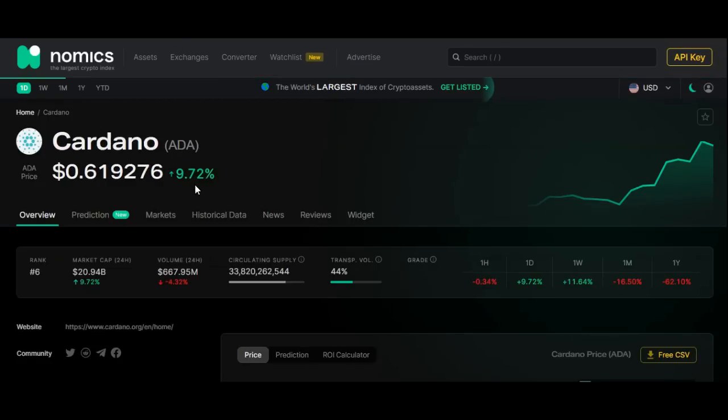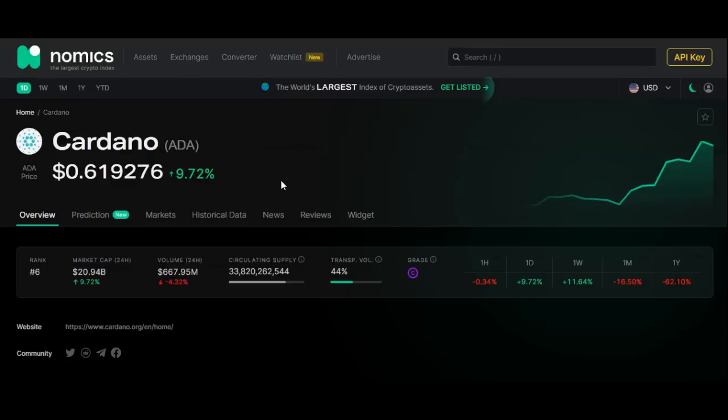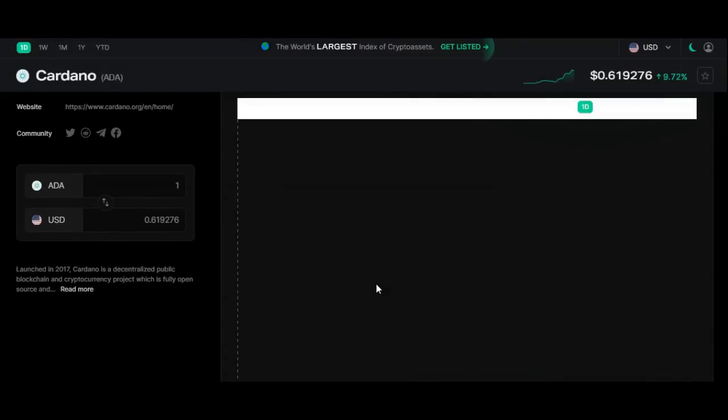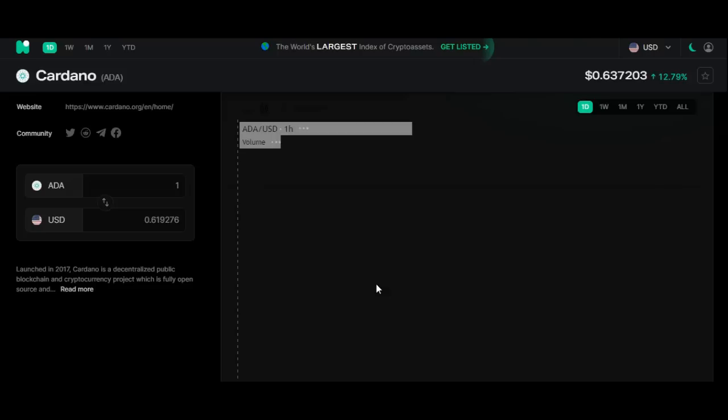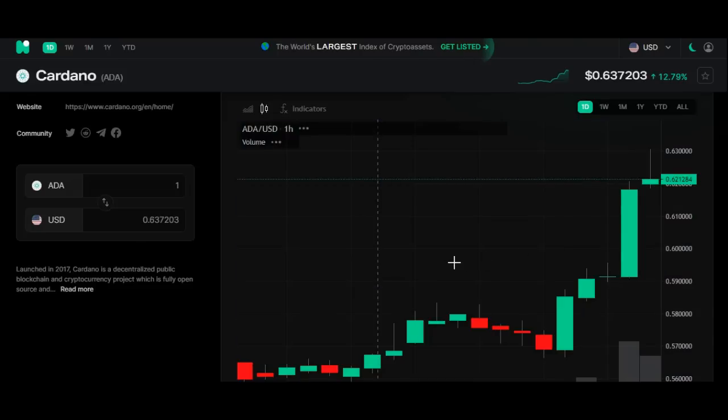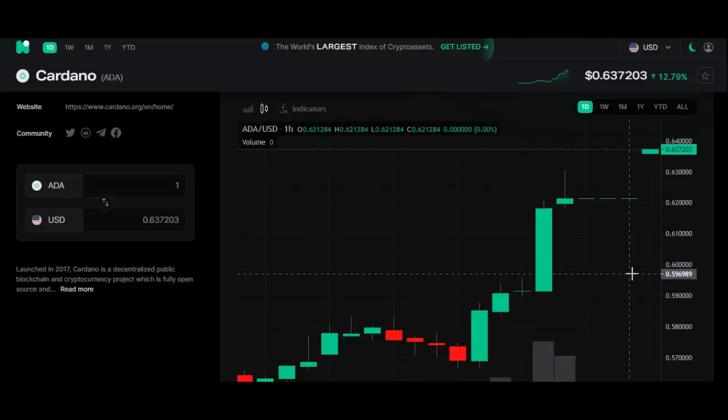It's up 9.72% on the day. Okay. Again, this is a hourly chart over here. And again, we saw this starting to form before we ever went over here and looked at a chart. Okay, we see that big wick there, and we see we're starting to peter off now.